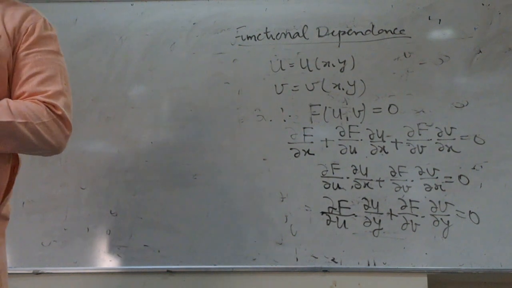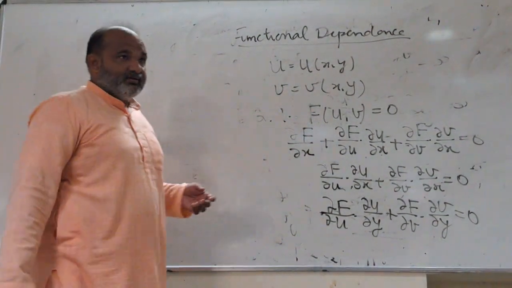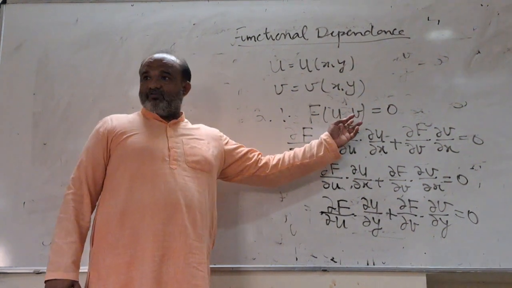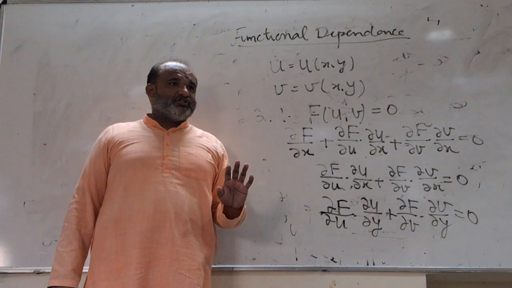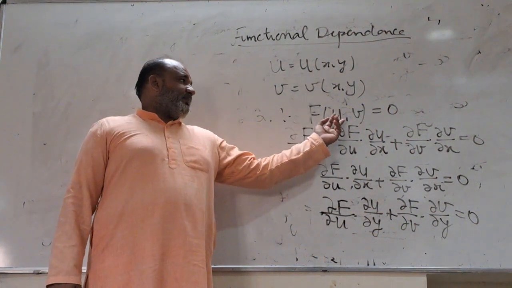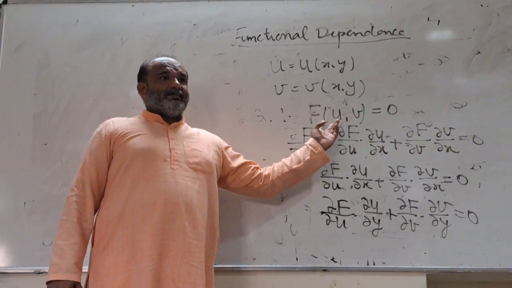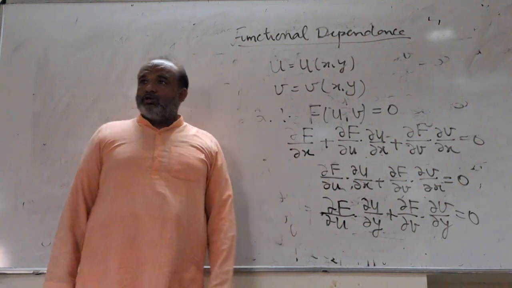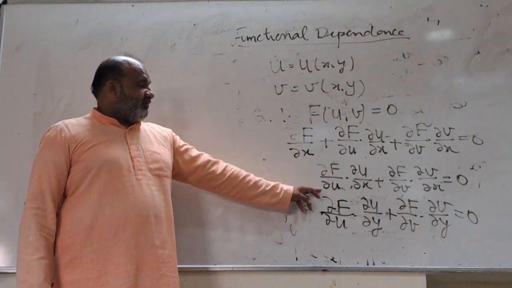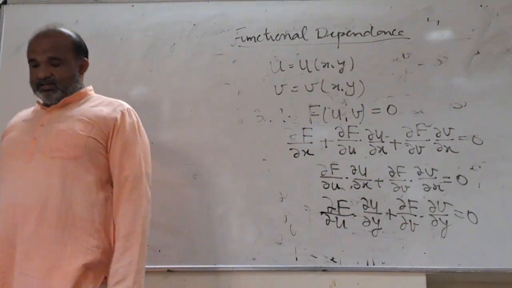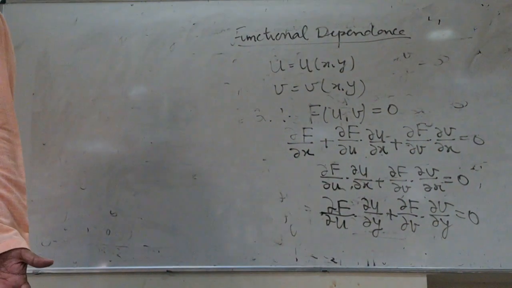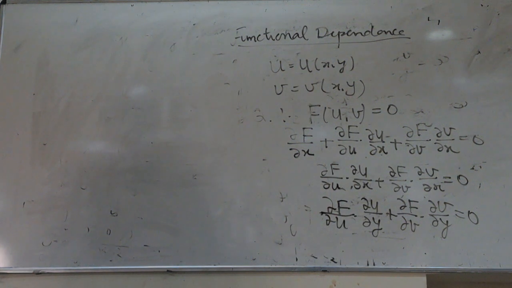If there is a relationship between u and v, that is, some F depending upon u and v, capital F(u, v) is equal to 0, then del F over del u and del F over del v will definitely be non-zero. There is some expression involving u and v.